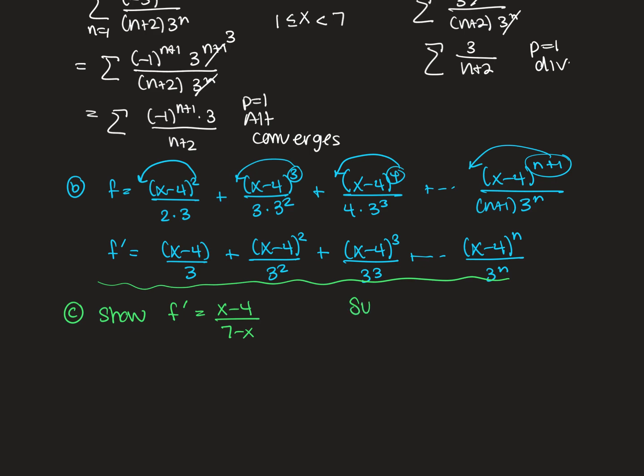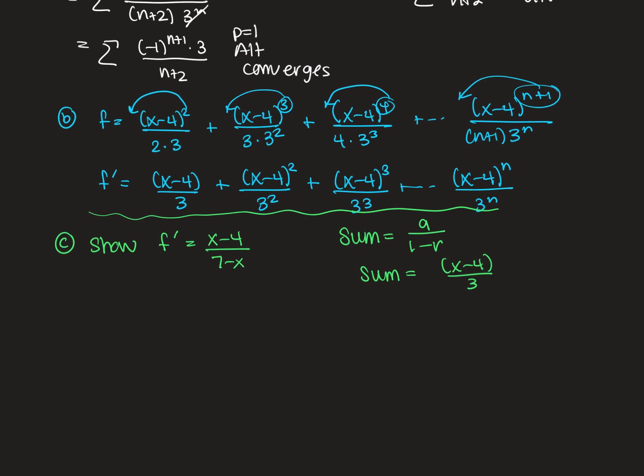Remember, the sum for the geometric series is a over 1 minus r. A is your first term, so we have (x - 4) over 3, and then we're going to divide by 1 minus, and what do we multiply to get to the next one? Our r value is (x - 4) over 3 also.